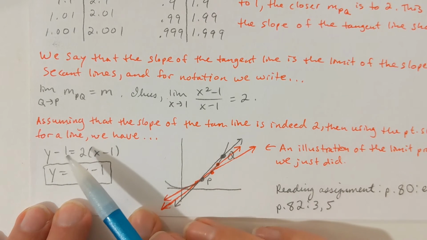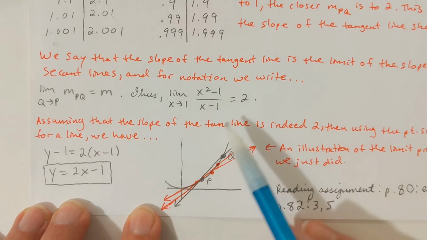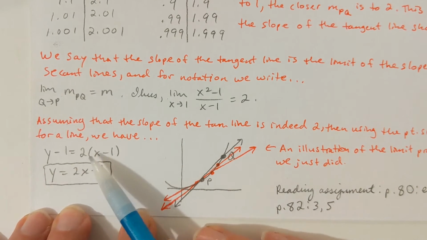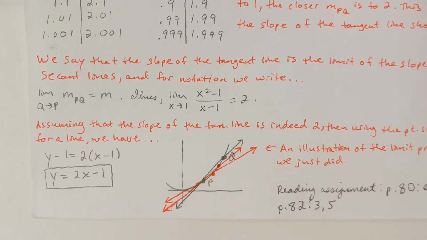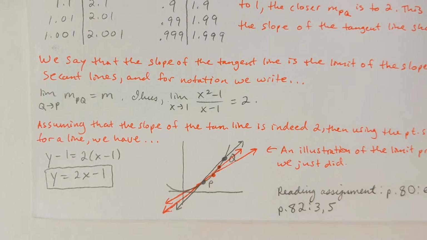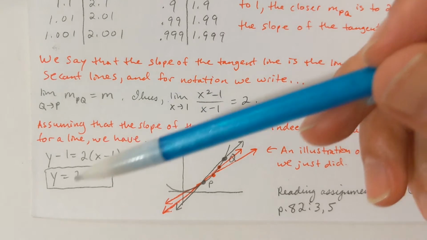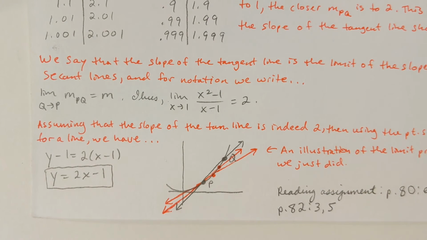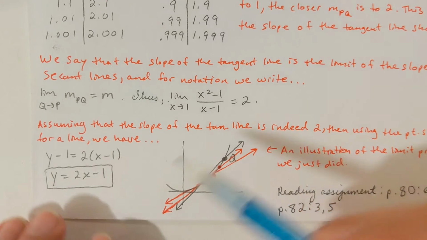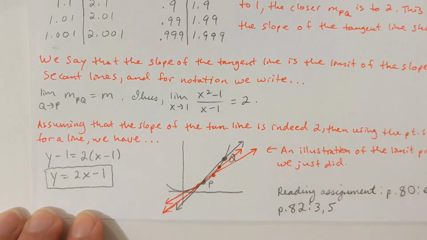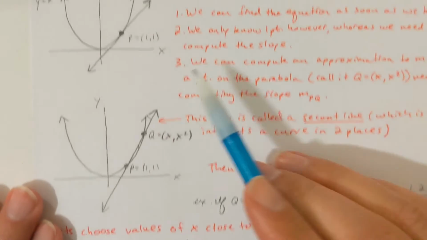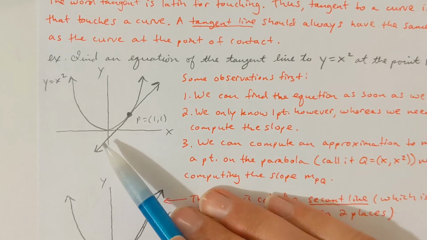So y minus 1 would be equal to the slope, which we think is 2, times x minus 1. Usually when we're doing things with equations of lines, and this is how the book will want it also, give your answer in slope-intercept form, y equals mx plus b. Well, if you distribute 2 and then add 1 to both sides, it looks like y is equal to 2x minus 1 would be the equation of this line in the problem.